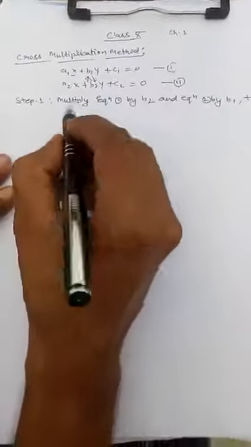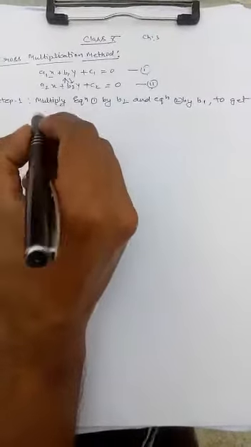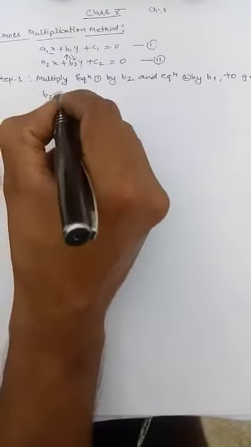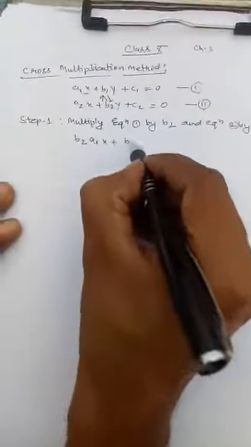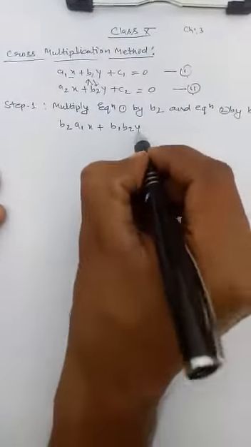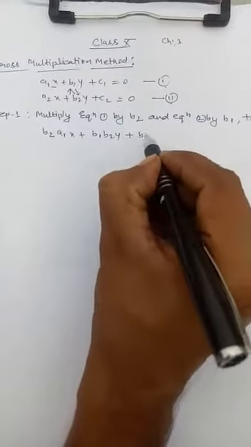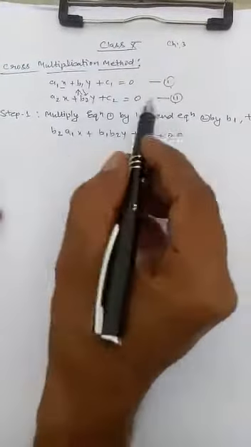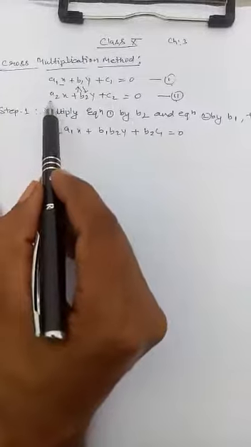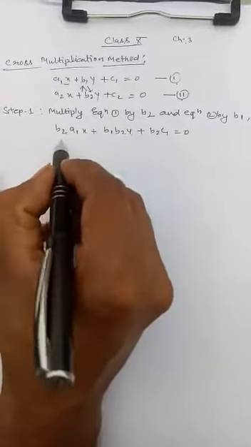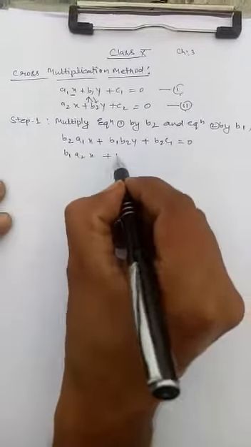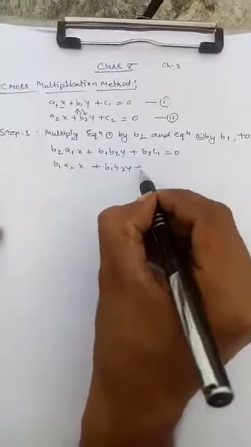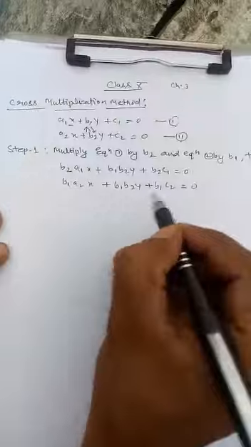So we will get here first b2 a1x plus b1 b2y plus b2 c1 equals 0, and while multiplying with b1 in equation second, we will have b1 a2x plus b1 b2y plus b1 c2 equals 0.